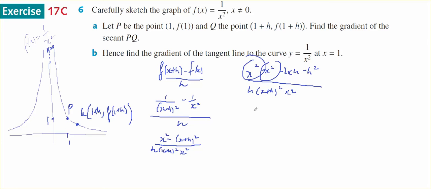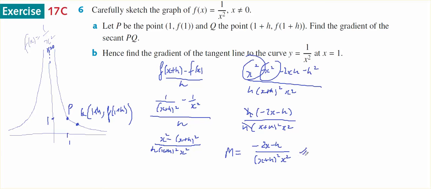I have a common factor of h, so I take the h out, which gives me (-2x - h) all over h(x + h)²x². The h's cancel, therefore the gradient of the line PQ is (-2x - h)/((x + h)²x²). So that's that first bit, part A.